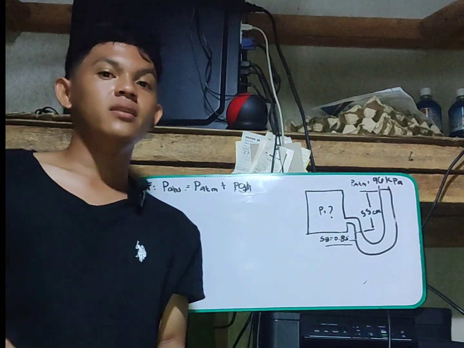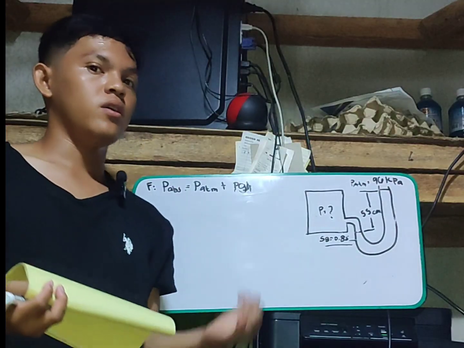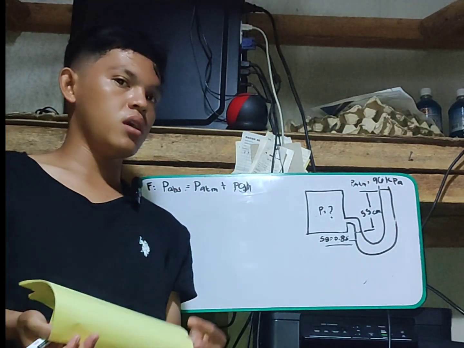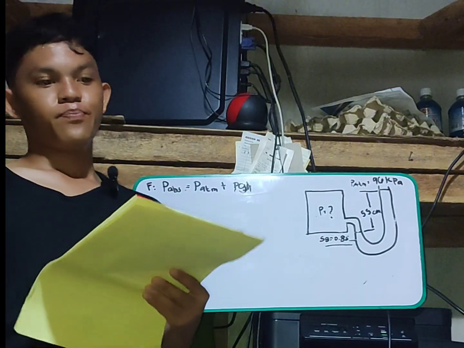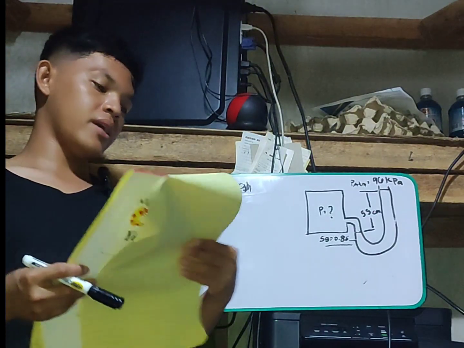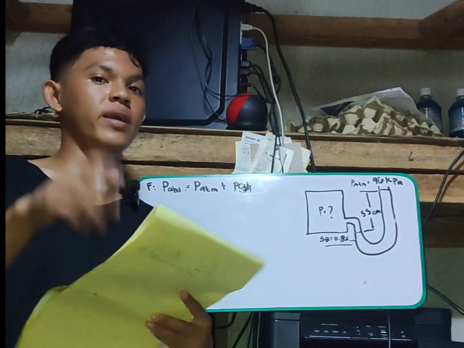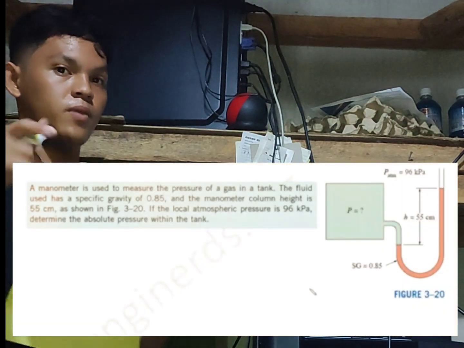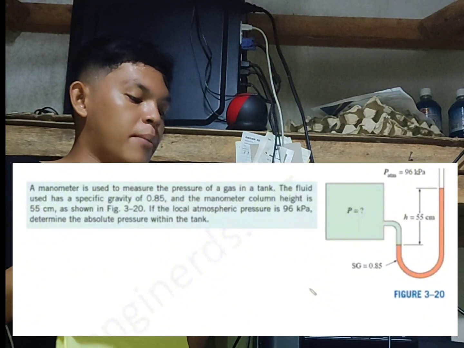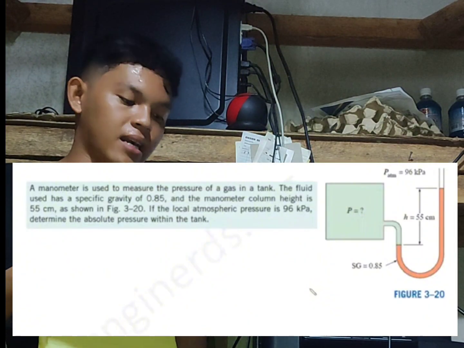So hello everyone. In this chapter, we are going to give examples on how to use manometers in measuring pressures. I'll give the problem and papakita ko yung picture or yung problem sa video. Okay. A manometer is used to measure the pressure of the gas in the tank.